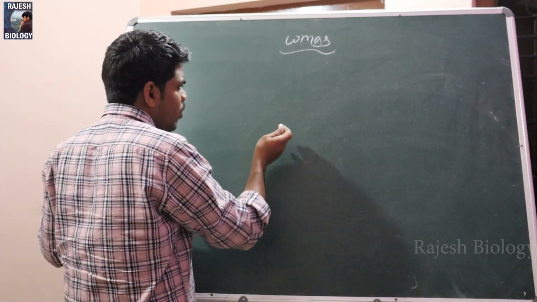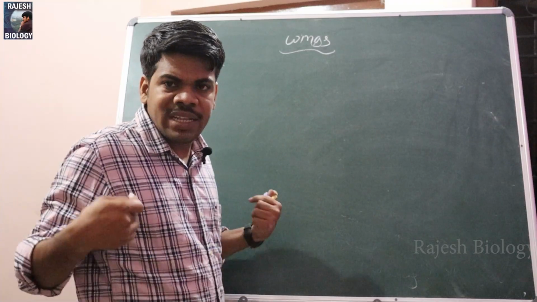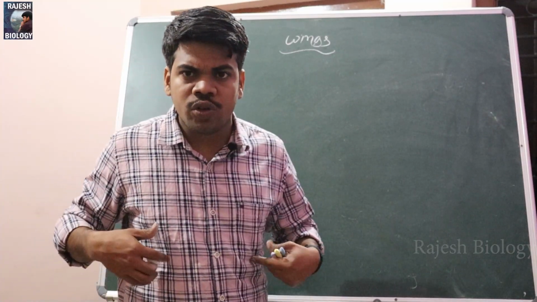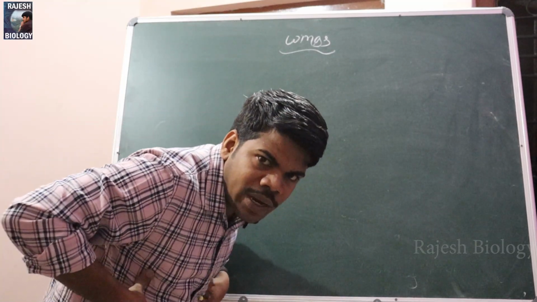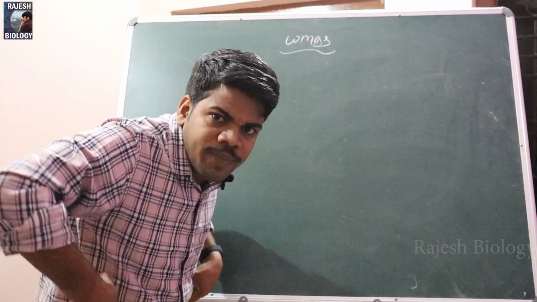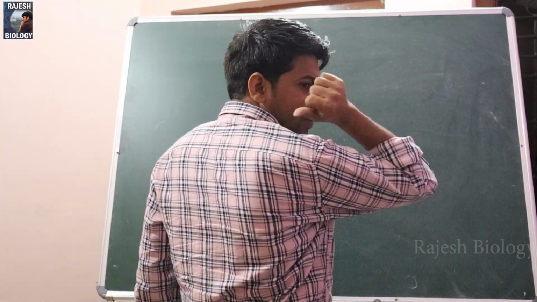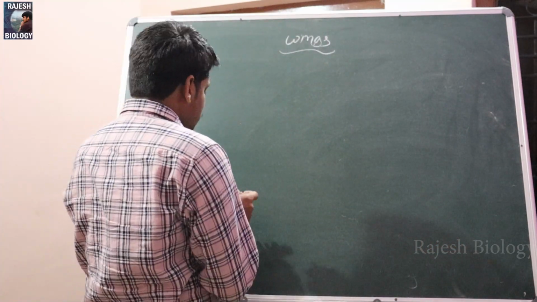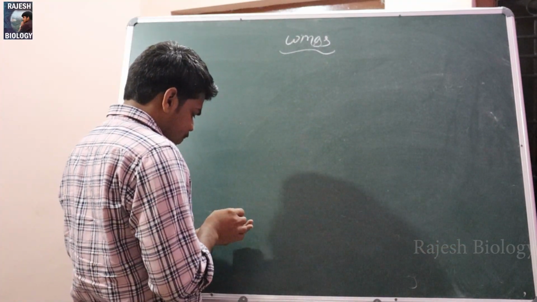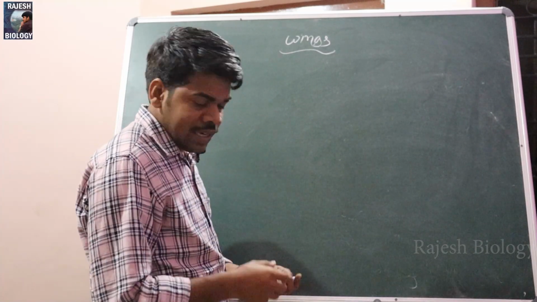We already completed the ventral side, where there are legs. If I am the cockroach, this thorax is the cockroach thorax. If I walk in this manner, the legs are present here on the ventral side. Now I am going to explain the wings, which are present on the dorsal side. Wings are always present on the dorsal side, right? Many people are very interested in taking wing-structured tattoos also.